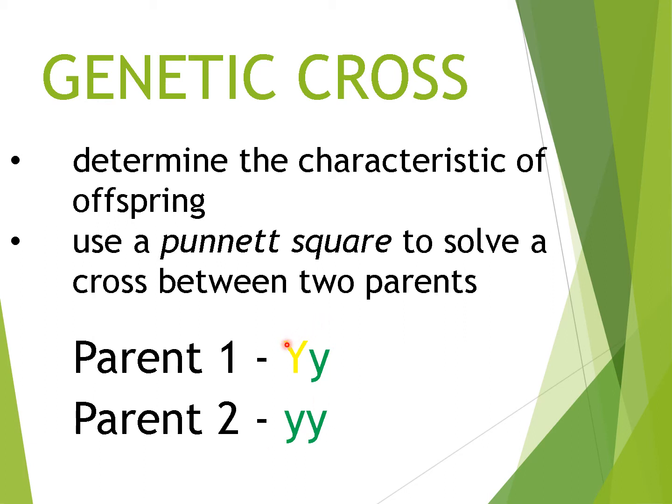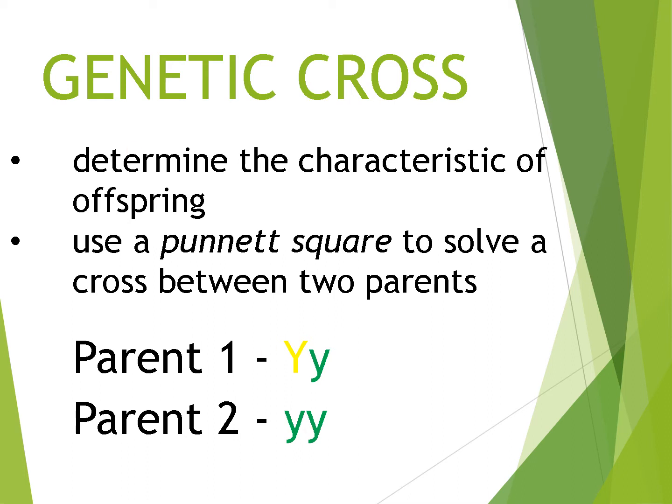So when we say heterozygous genotype, it has a dominant allele and a recessive allele. On the other hand, parent 2 has a homozygous recessive genotype, wherein the genotype includes two lowercase letters or two recessive alleles.